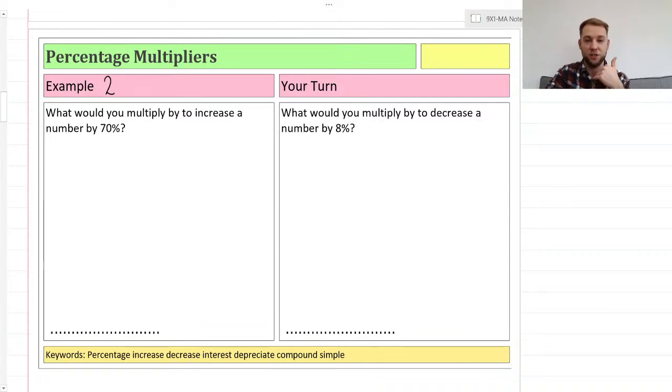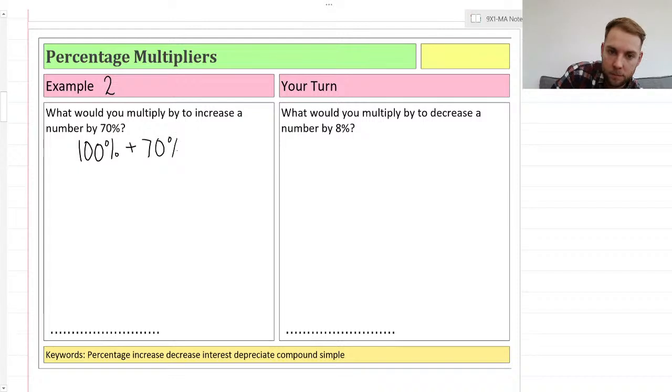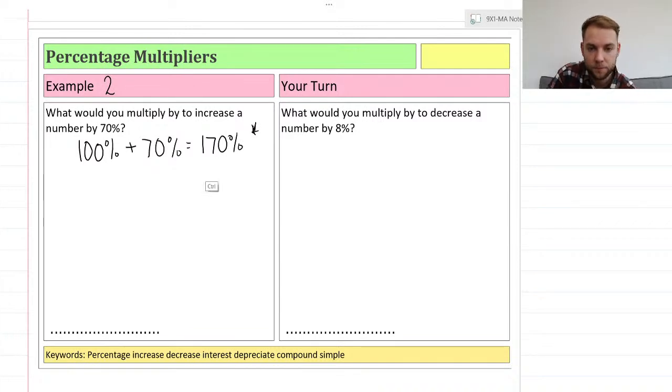Well, first of all, we need to do that increase. So we need to do 100%, and because it's an increase by 70%, it means we're adding 70%, which is equal to 170%. So this here represents an increase of 70%.